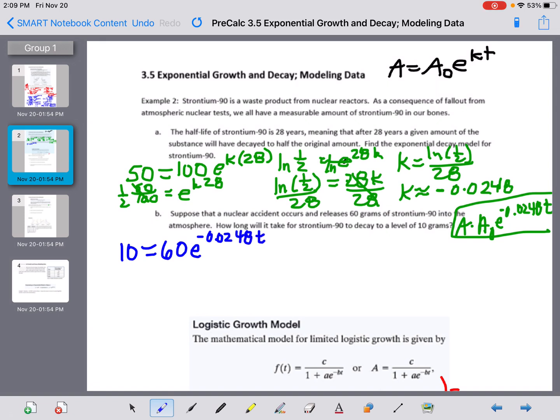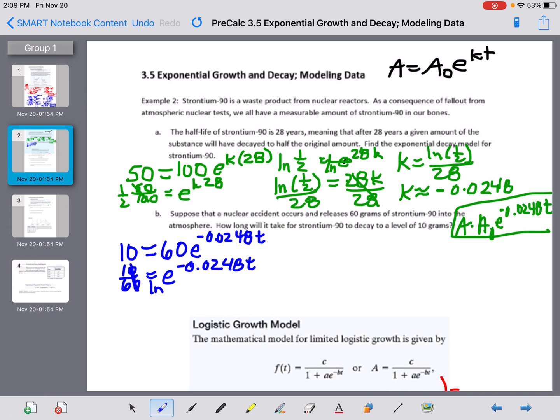Once again, t now is my exponent, and I want to get it by itself, okay? So I'm going to get my exponential term by itself first, so divide by 60. Get 10 over 60 equals e to the negative 0.0248t. You can reduce that to 1 over 6 if you want.